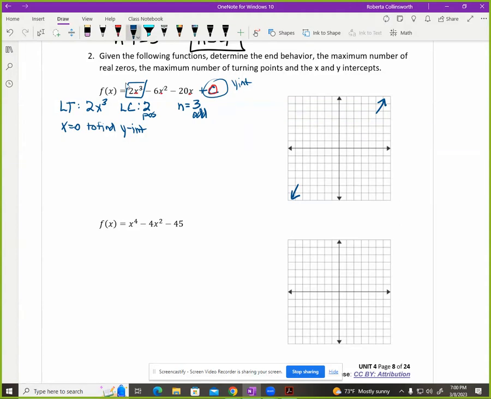So let's do that. F of 0 equals 2 times 0 cubed minus 6 times 0 squared minus 20 times 0. All of that equals 0. So here's my input of 0 and my output of 0. So I know that is a point on the graph.